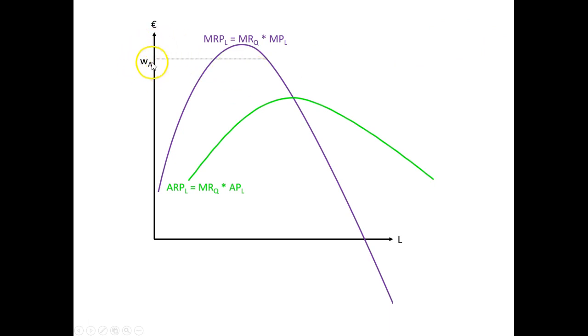We have a rather high wage rate at the beginning, so WA is a high wage rate, and that will give us that the marginal factor cost, the cost of buying one additional unit of labor, will be the same. It will always be WA. So if we look at one of the units here, let's take this one for instance, then we see that this labor unit brings a value to the company that is equal to the marginal revenue for that unit down there, and the company has to pay the wage rate WA for that one.